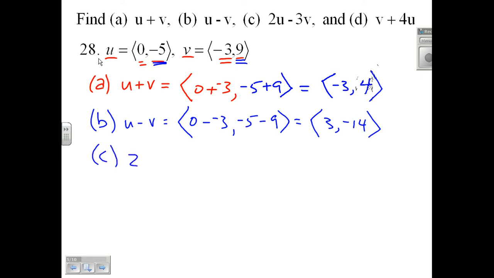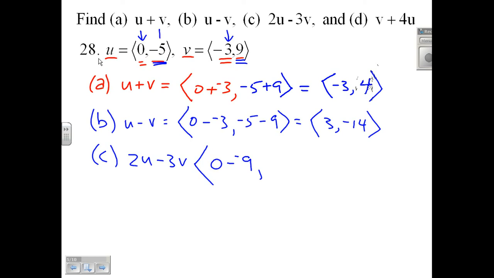C. I want to double u and subtract 3 times vector v, and once again, exactly what you would think we would do. For our x component, I'm going to double 0, and then I'm going to subtract from that 3 times my other x component, negative 9.